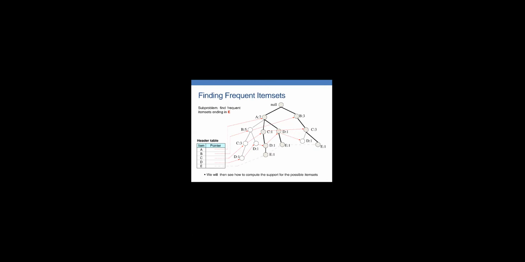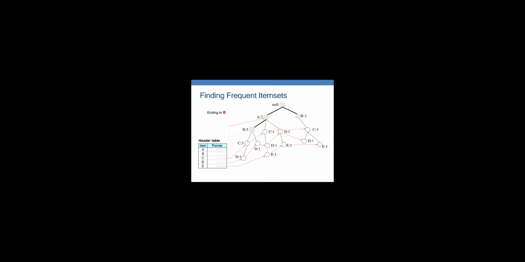So which one is being added? Item sets ending with A, ending with E, in those cases you have to consider here, and ending with D is considered here. Ending with C, you have to consider here, and ending with B, you have to consider here. Where it is ending with B, that is the light black line. The remaining lines we have to draw in red, but in this case we use light black.